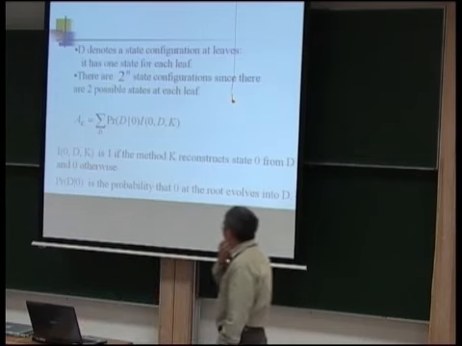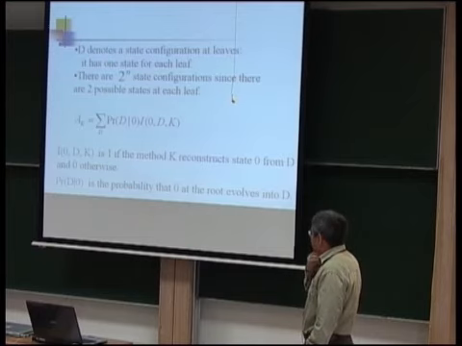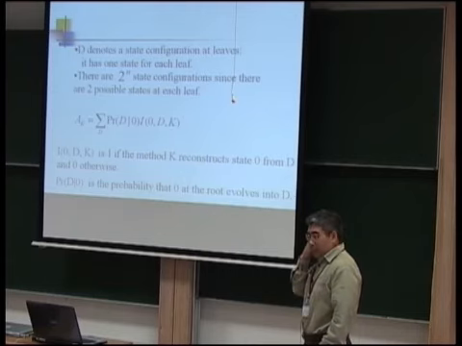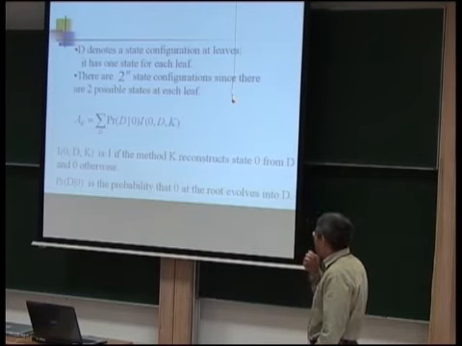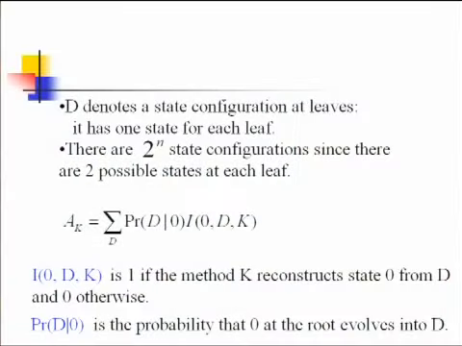Therefore, the reconstruction accuracy can be calculated with this formula: the sum over all the state configurations, also called leaf labelings, of the probability that the state 0 evolved into this state configuration, times I_0^K, an indicator function.